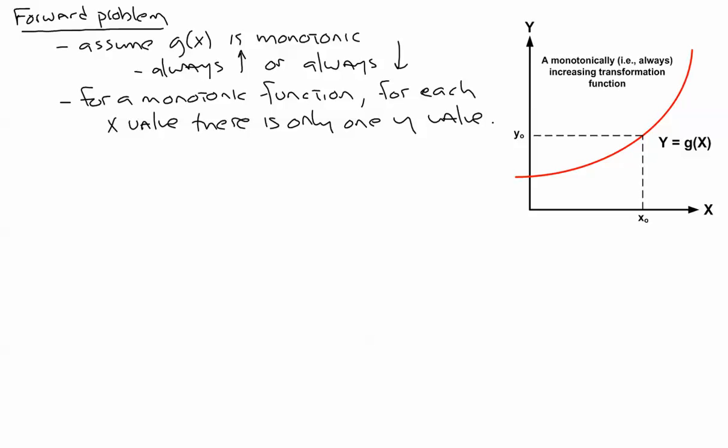Pretty clear. So for example, over here, I've got an x naught, and there's exactly one value of y naught. All right. So let's first consider that g of x is increasing.